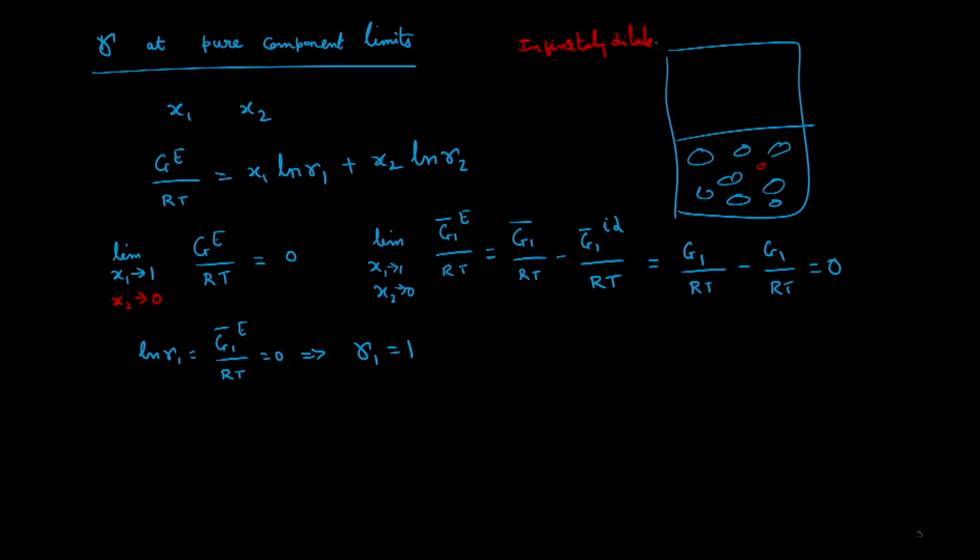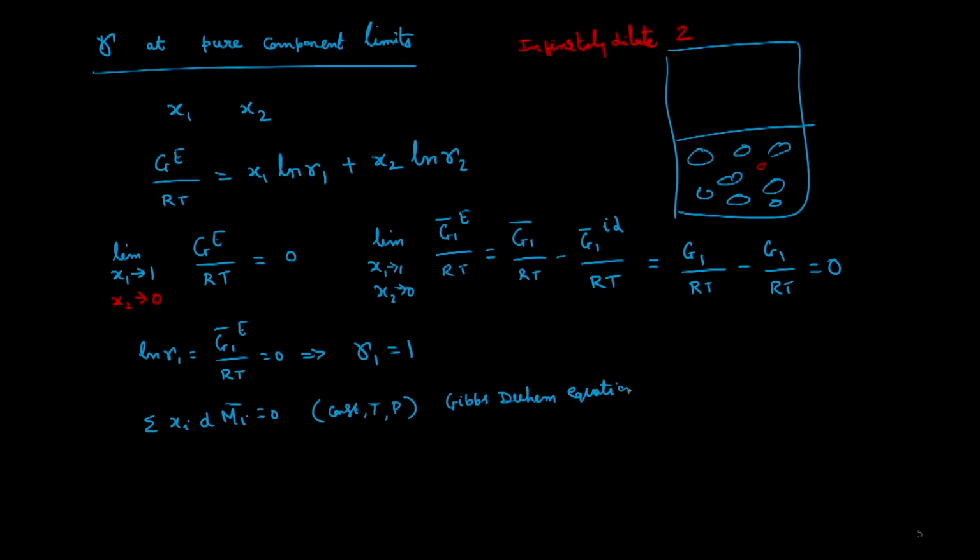At this infinite dilution limit for 2, what happens to its activity coefficient is what I'm interested in. What I'll do is resort to the Gibbs-Duhem equation, which reads sigma xi dmi bar equals 0 at constant temperature and pressure. This is the Gibbs-Duhem equation.